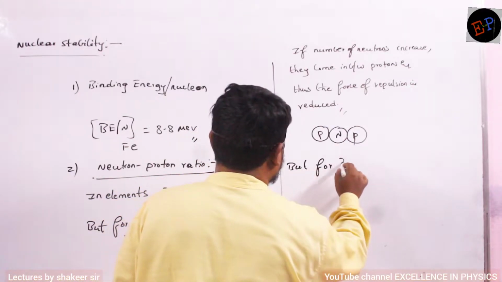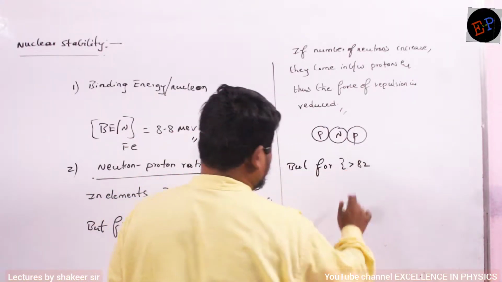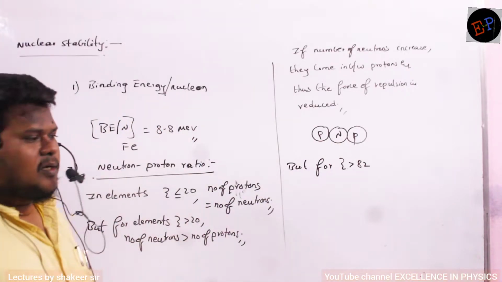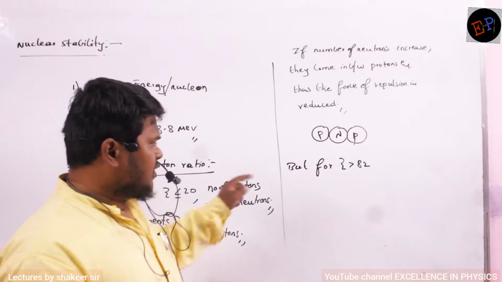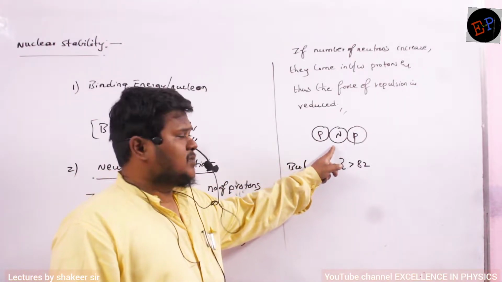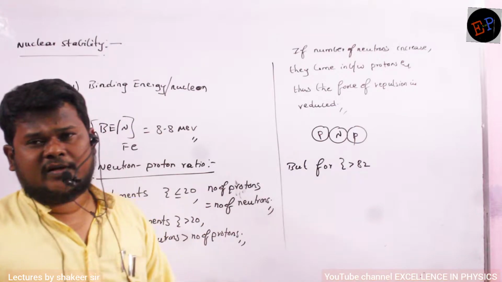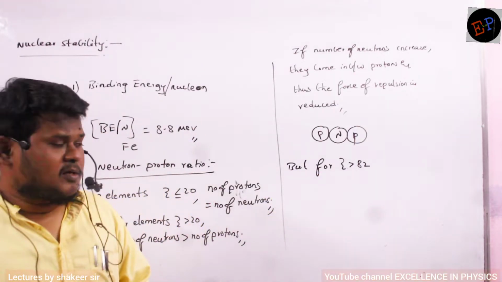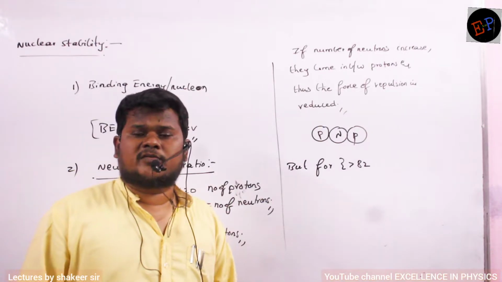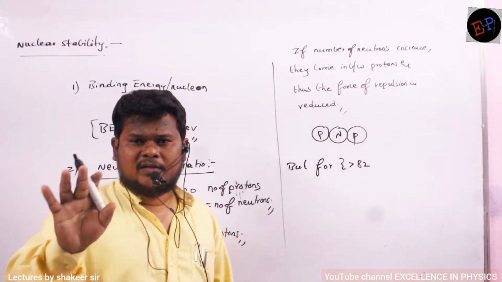For elements whose Z is greater than 82, that is plumbum, elements with an atomic number greater than 82, that is after lead, the number of protons is also very large. Z number 82 means 82 protons are there. Even though the number of neutrons is very large, the nucleus cannot be stable.